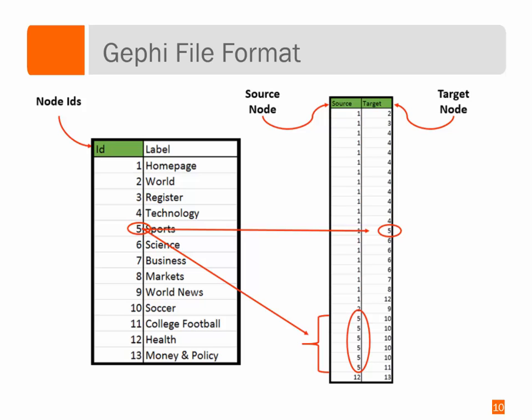You see that represented as a target for source node 1, and then also as a source down at the bottom for target node 10 as well as target node 11. So this is the basic file construction layout for the two main files, nodes and edges, in Gephi.